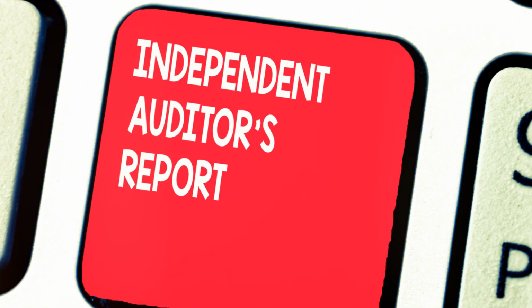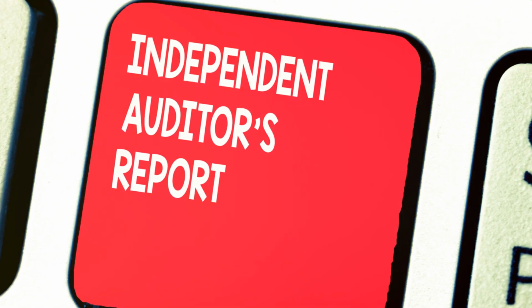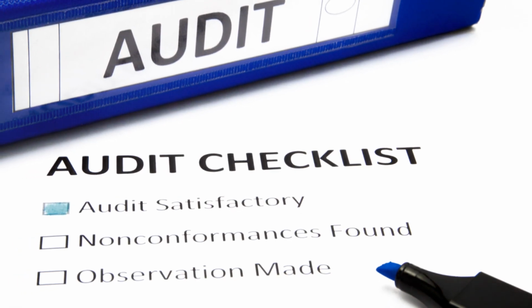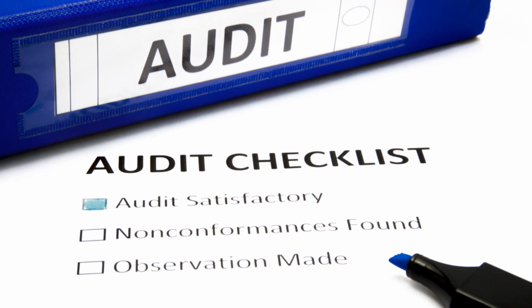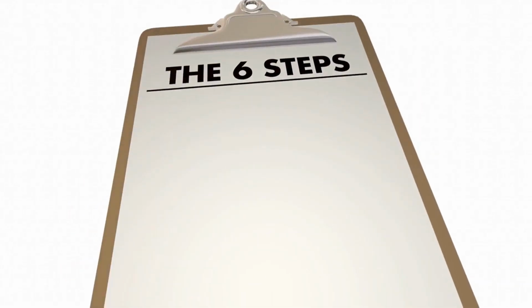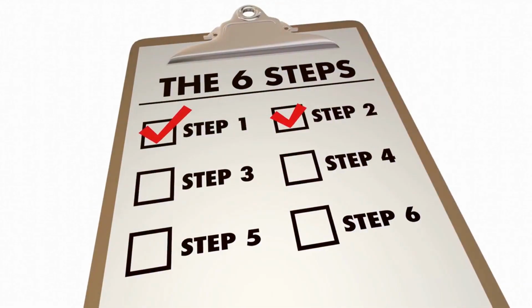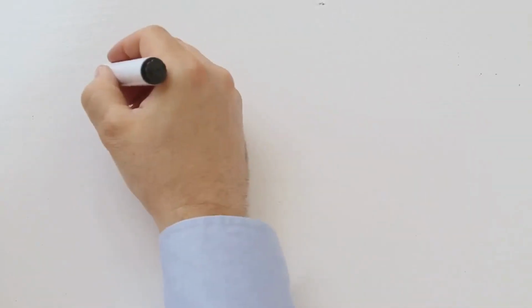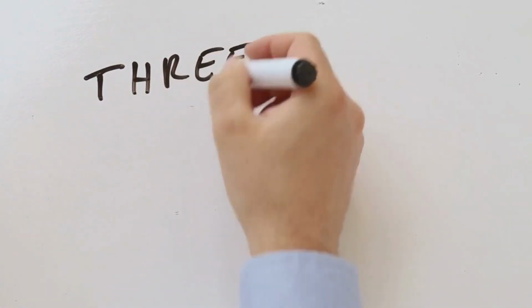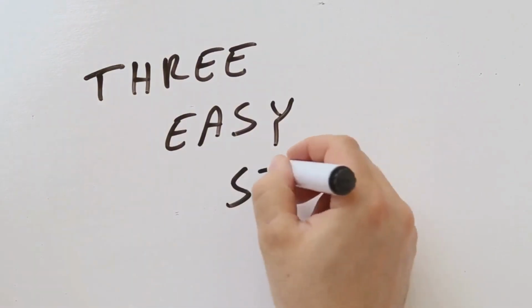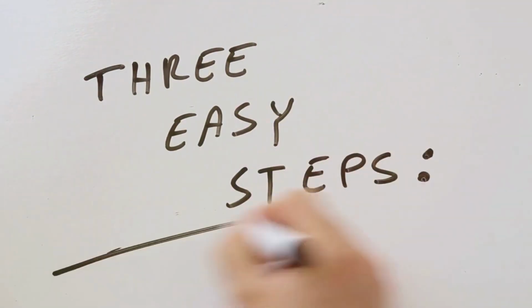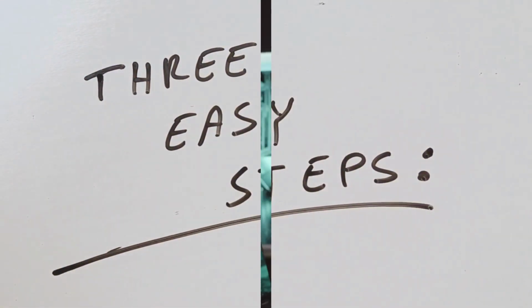They're like the quality control in this process, ensuring everything is up to scratch. So, to recap, scoping, readiness assessment, gap analysis, remediation, and audit. These are the key steps on the road to SOC 2 compliance. And remember, a third-party auditor plays a vital role in this process.